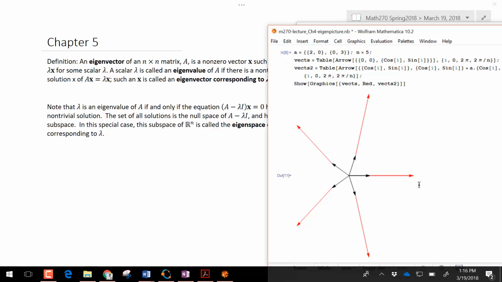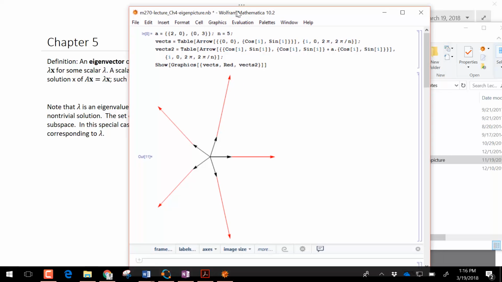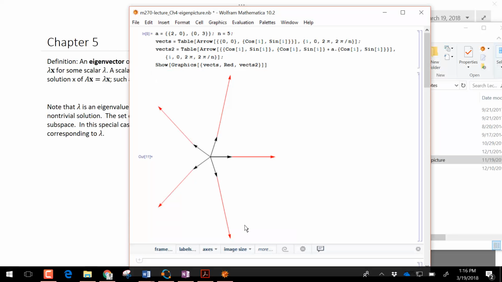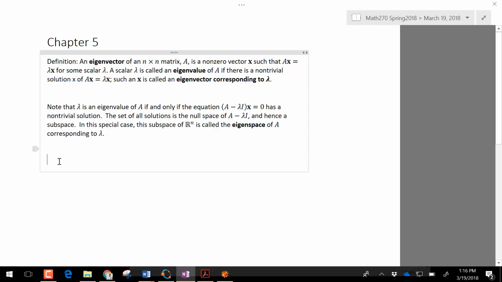Okay, so the vector (1, 0) gets applied to this matrix 2, 0, 0, 3. Let's use this as an example. Let's put it in our notes and see if we can make sense out of it.